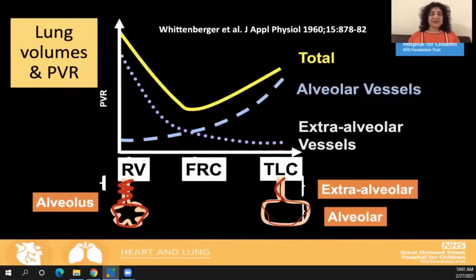Let's look at physiology here and the interaction between lung volumes and pulmonary vascular resistance. This is a graph from a paper published by Wittenberger et al. in the Journal of Physiology in 1960.